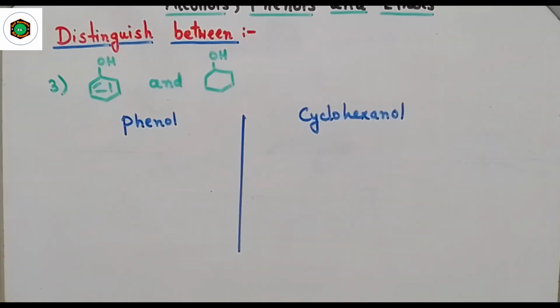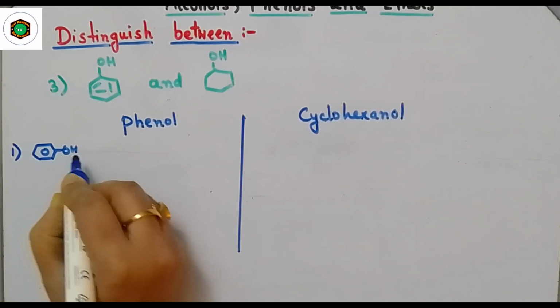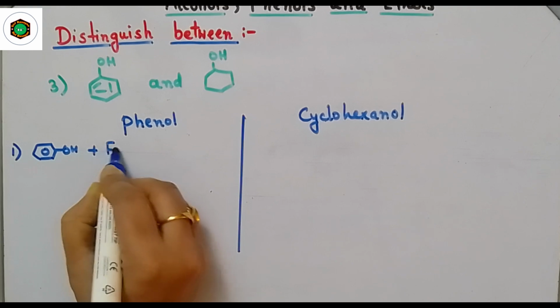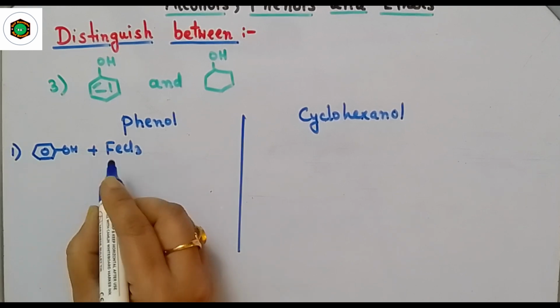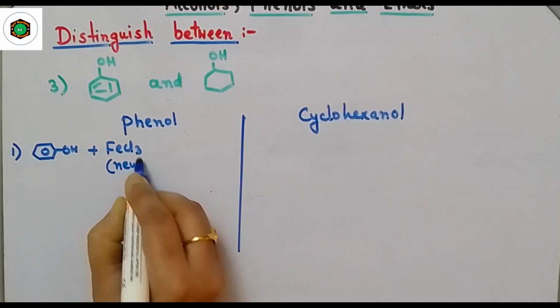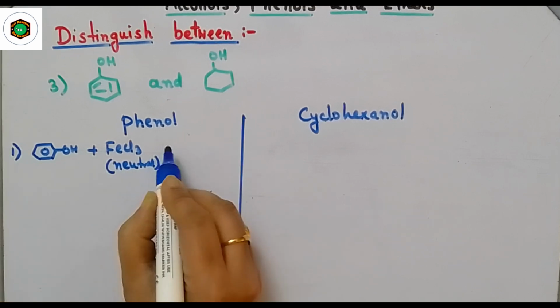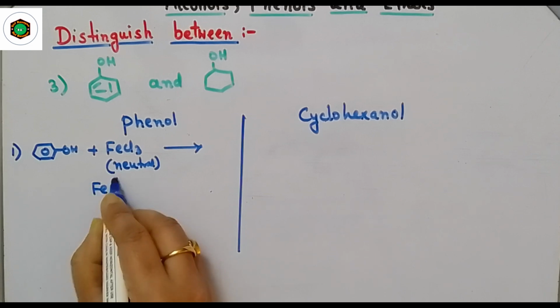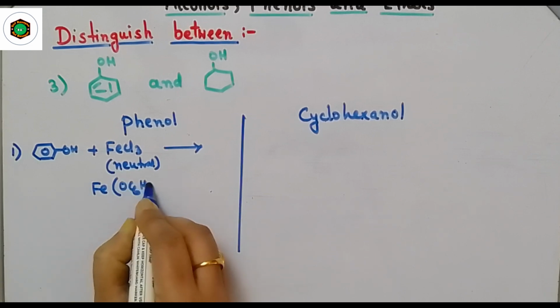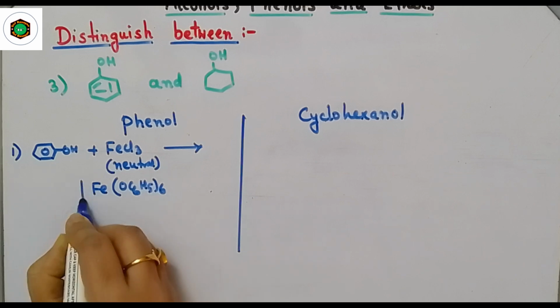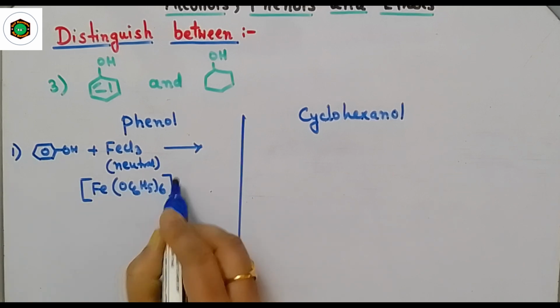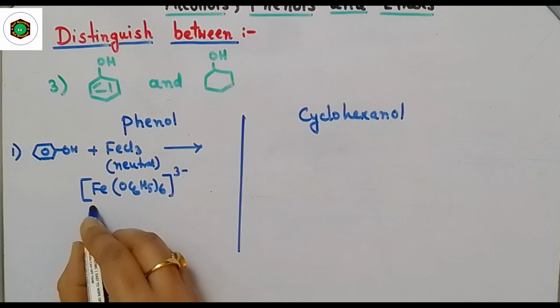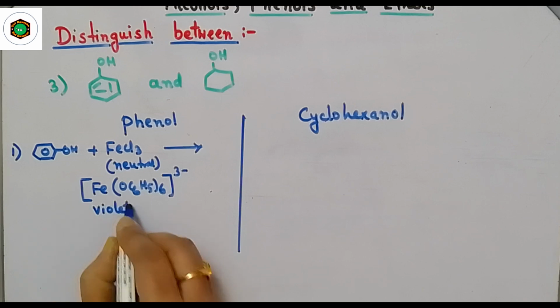Next is how to distinguish between phenol and cyclohexanol. This is phenol, this is cyclohexanol. Take phenol, if you treat it with neutral ferric chloride solution, what will happen? You will get this violet complex.